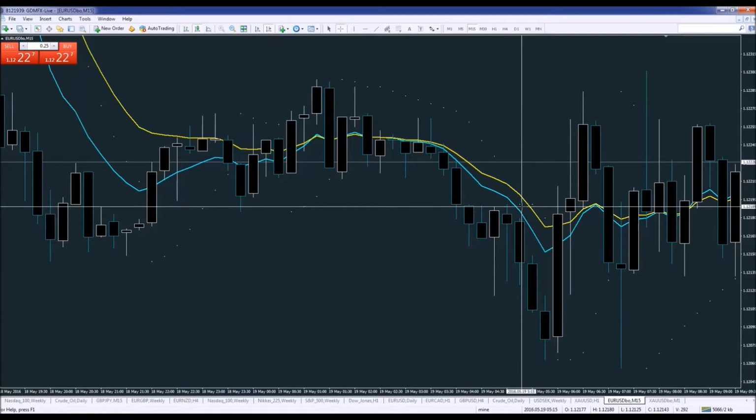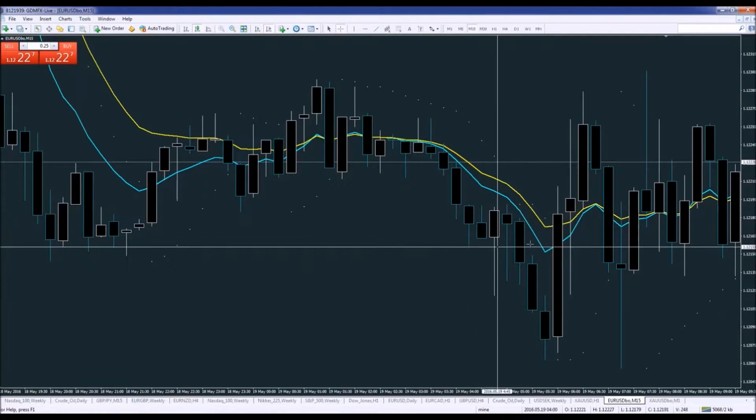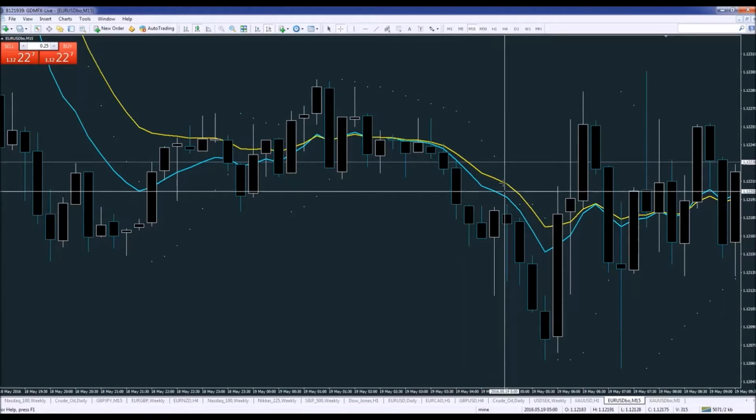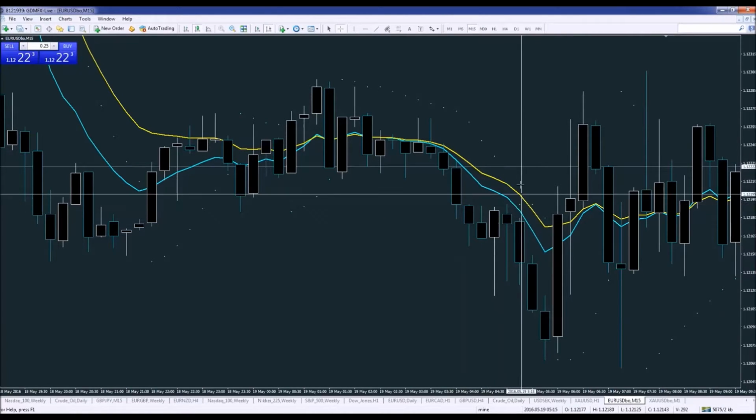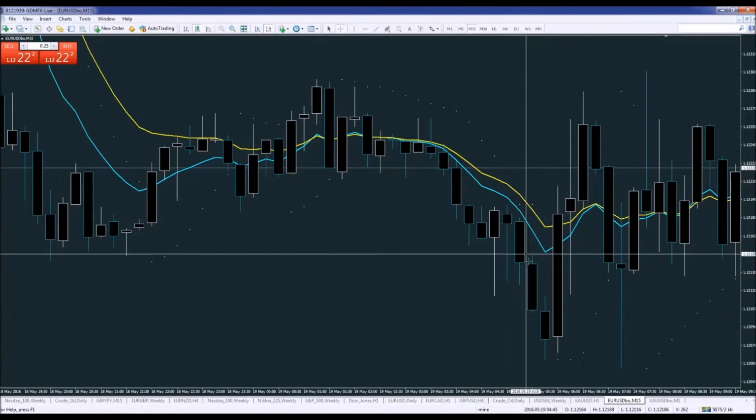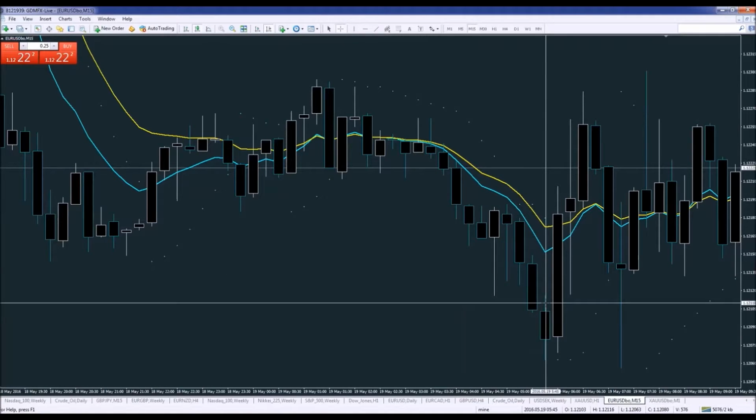You can see how big the distance is, and there is no parabolic here or here. Basically, the opportunity that the market gives here is to continue in the same direction, but for a shorter period of time, meaning 1 or 2 sessions.